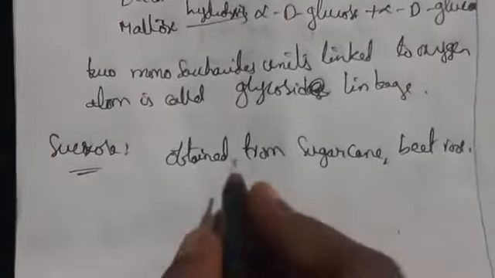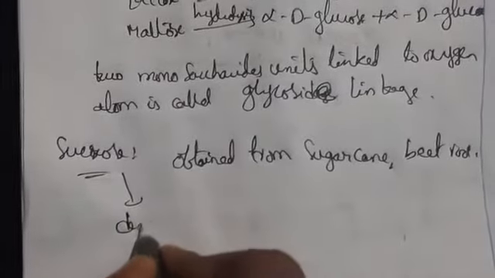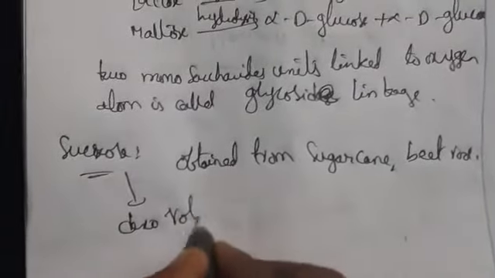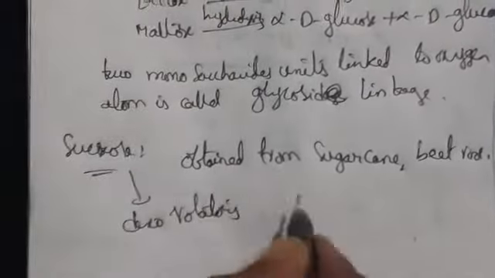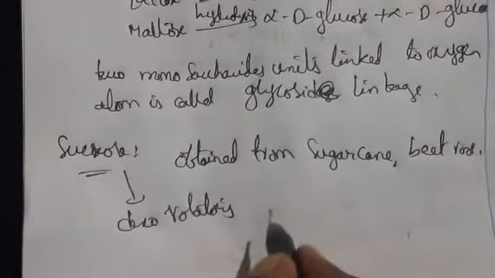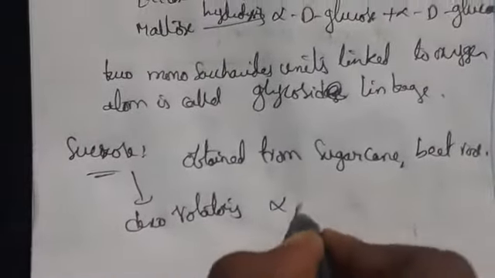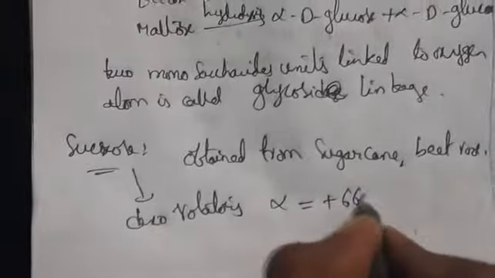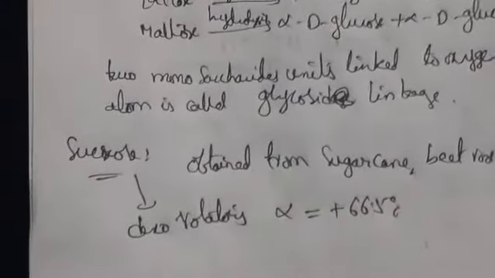Sucrose is a dextrorotatory D form, with a specific rotation of plus 66.5 degrees.